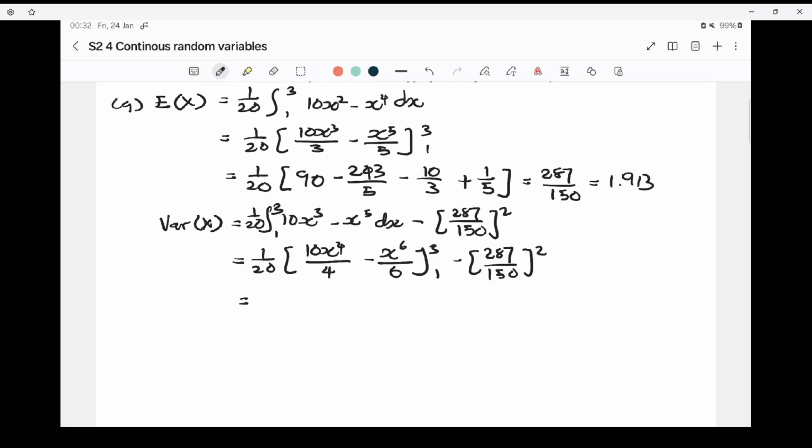So minus 10 over 4 plus 1 over 6. So the first part gives us 59 over 15.